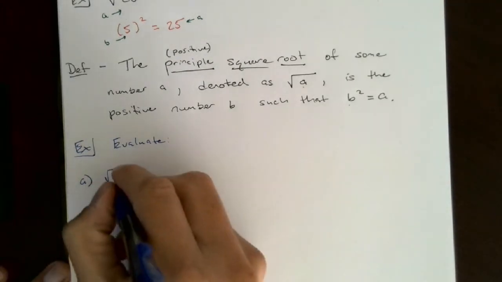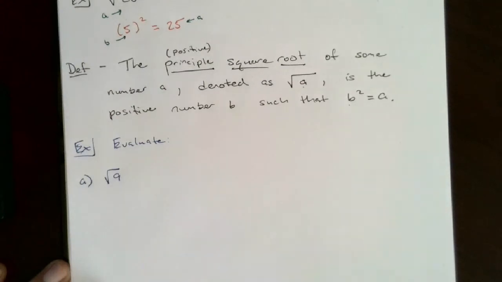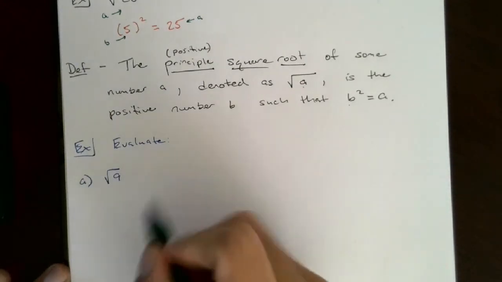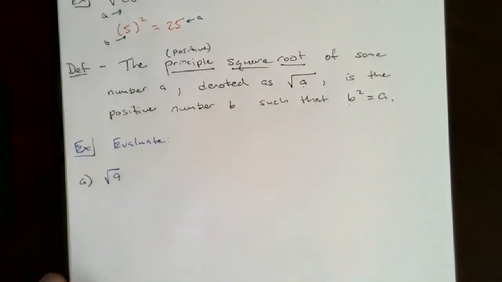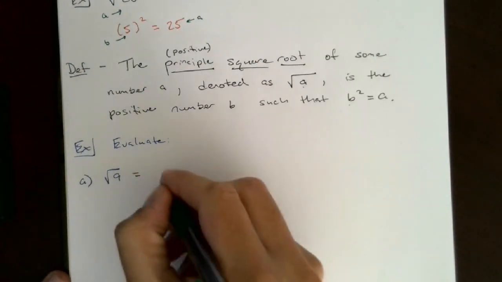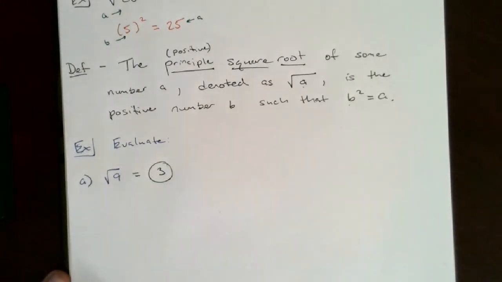If I said to evaluate the square root of 9, now I'm saying when I take the square root, I want the positive value, because the square root symbol is already written for us in this problem. So what positive number times itself, what is the principal square root of 9? Well, what number times itself gives you 9? Well, the answer is 3. Because 3 squared, right? 3 times 3 gives you 9. Make sure you don't write the root symbol after you've evaluated it.